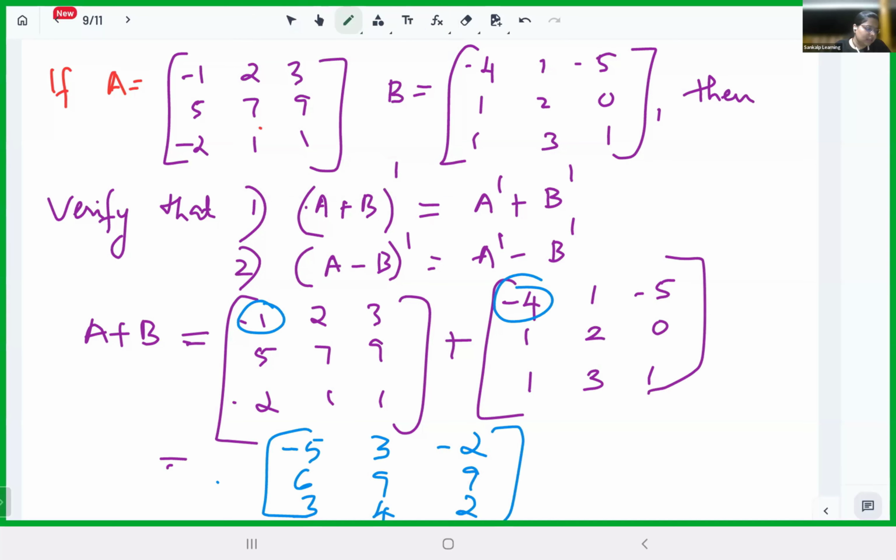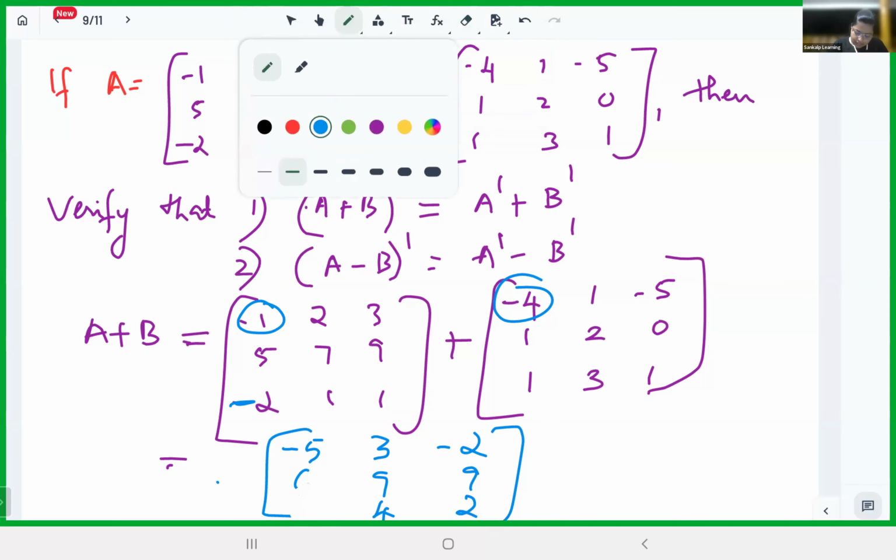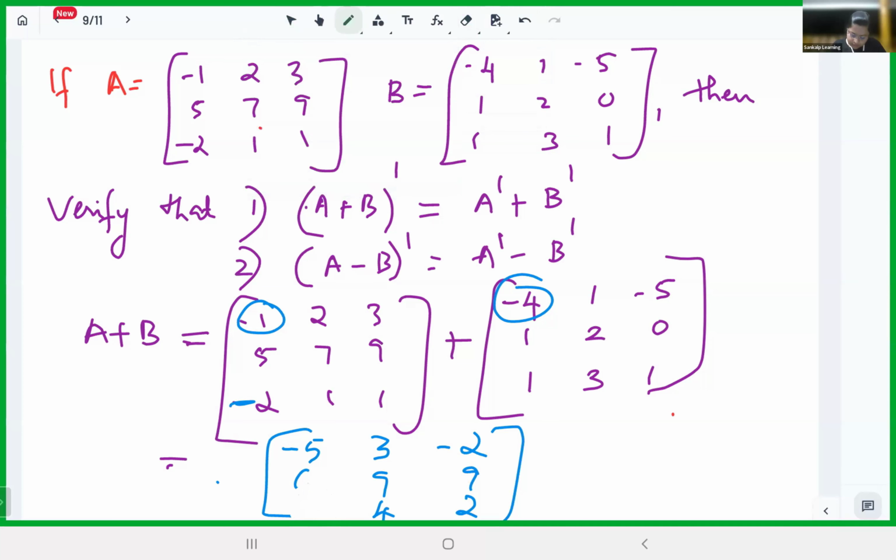A plus B is nothing but the matrix minus 5, 3, minus 2, 6, 9, 9, and then it is actually minus 2 plus 1. Minus 2 plus 1 is nothing but minus 1, right? So minus 1, then 4, and then 2. Okay. So we have got the matrix A plus B.